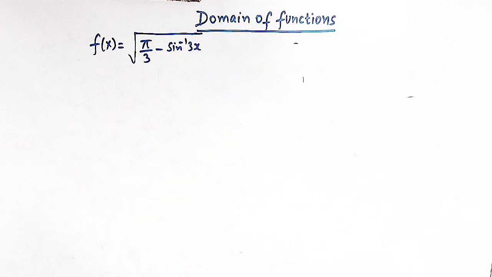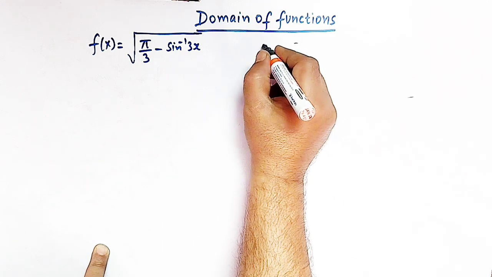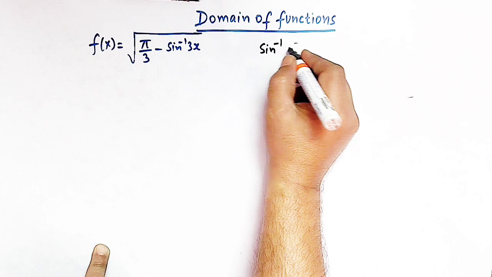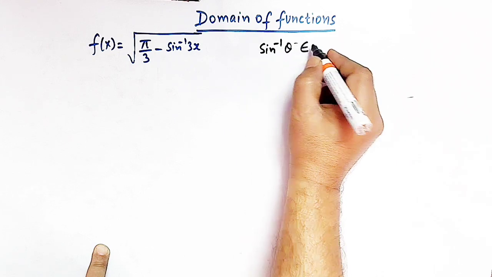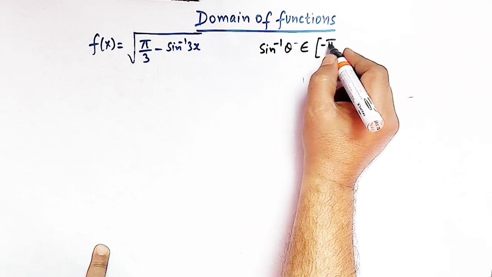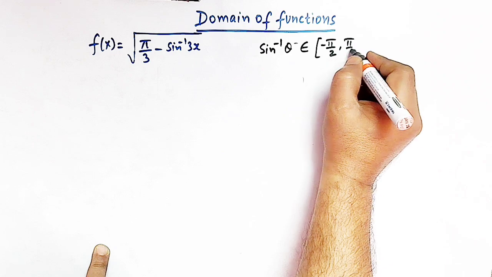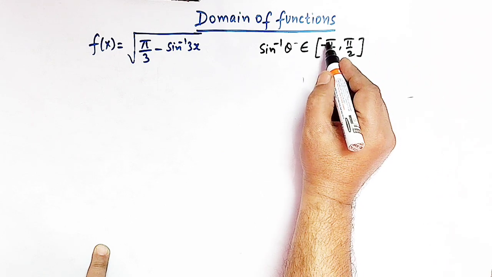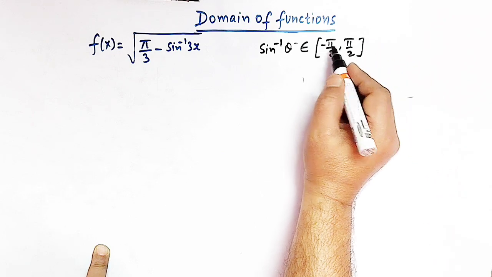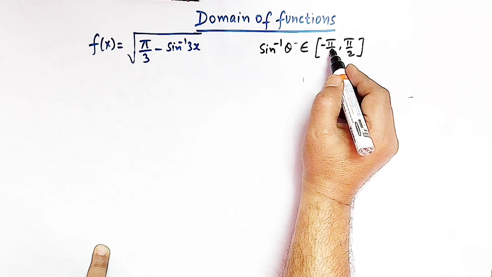So let us start. Now from inverse trigonometric functions, we know that the range of sine inverse theta belongs to the interval minus pi by 2 to pi by 2, where both minus pi by 2 and pi by 2 are included.